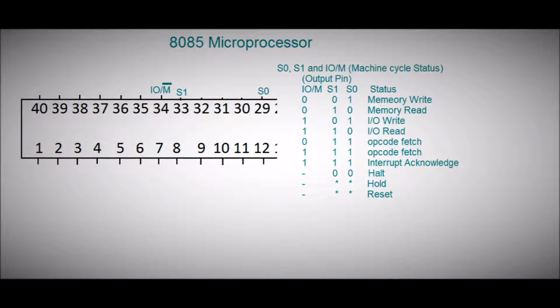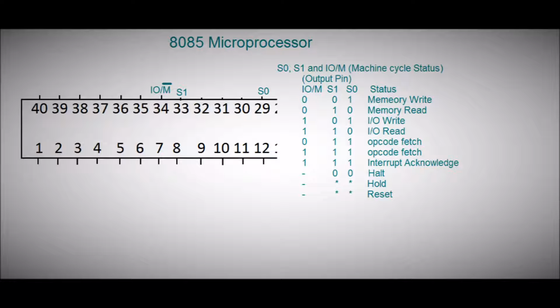If IO/M is 1, S1 is 0 and S0 is 1, then microprocessor status is I/O write. If IO/M is 1, S1 is 1 and S0 is 0, then microprocessor status is I/O read. If IO/M is 0, S1 is 1 and S0 is 1, then microprocessor status is opcode fetch.